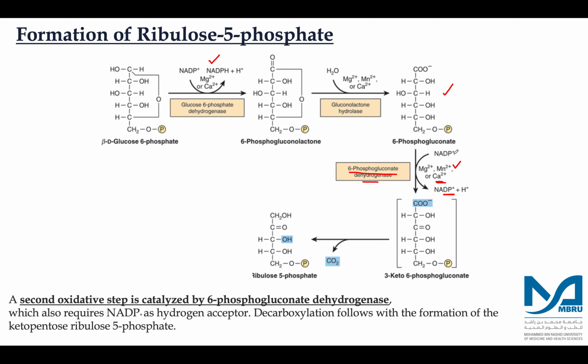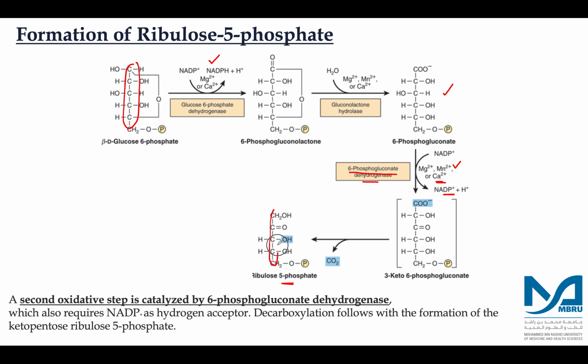So this is the second oxidation step, and through an intermediate, this particular molecule, that is 6-phosphogluconate, is converted to the 5-carbon ribulose 5-phosphate. So if you look at the whole process together, you have 6 carbons here, and you have 5 carbons here.